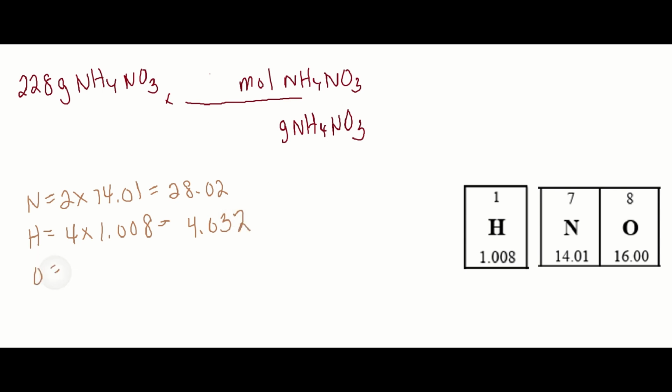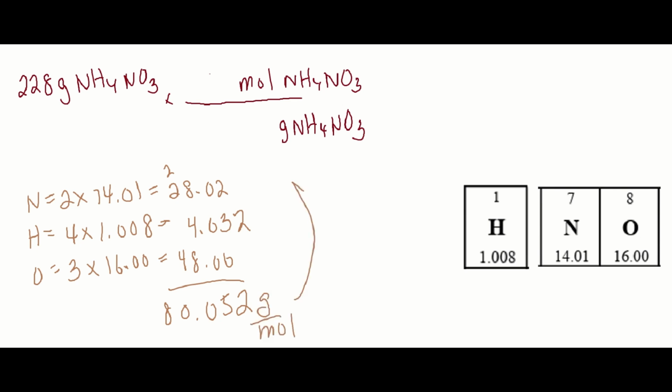And 3 oxygens is 48. So the molar mass for ammonium nitrate is 80.05 grams per mole. So we're going to use that as a conversion factor to convert from grams to moles.